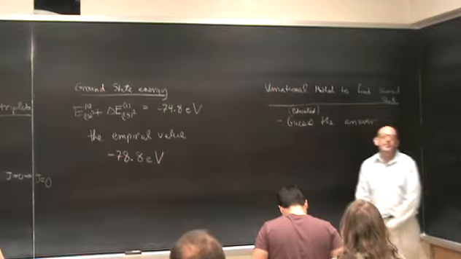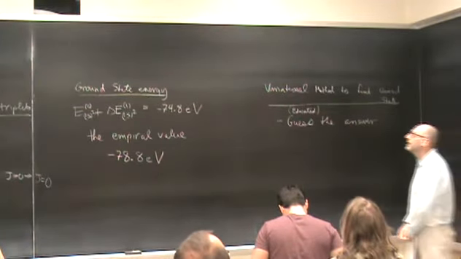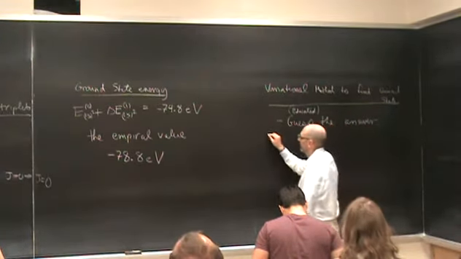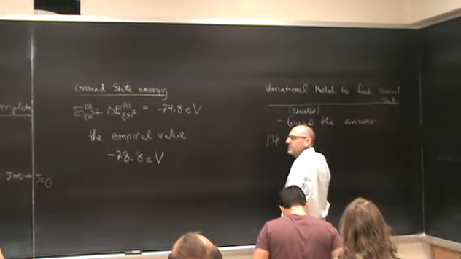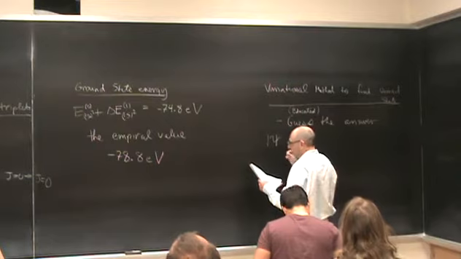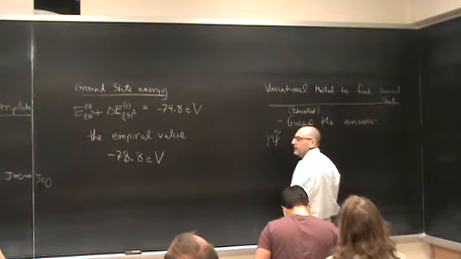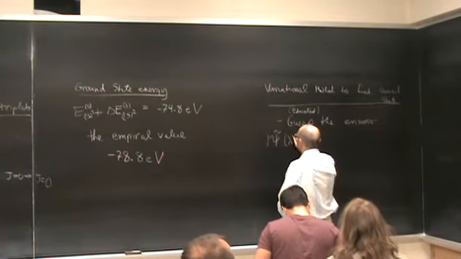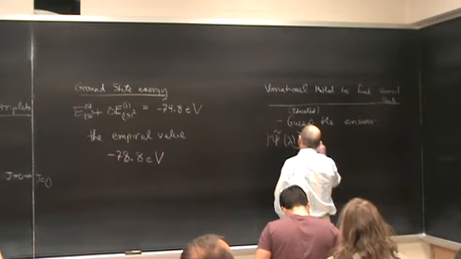All right. So what I do is I say, let me guess what the wave function is, based on some physical reasoning. I'm going to say that there's some wave function, I'll call it psi tilde, and it's going to be parameterized by some parameter or set of parameters.